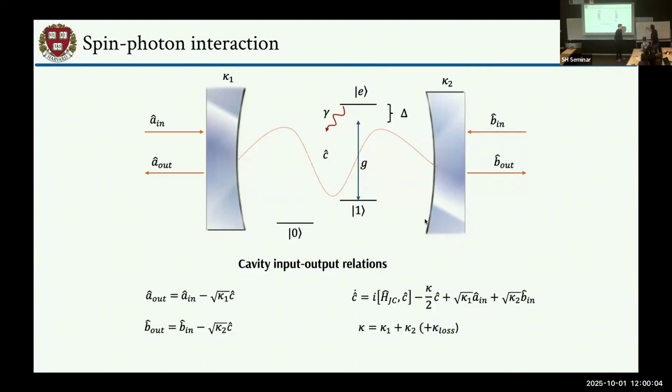And this term here, EE, that's the same as writing sigma plus sigma plus. Also sigma minus sigma, EE is like sigma minus sigma minus, right? Yeah.